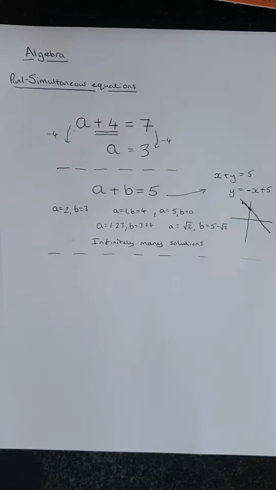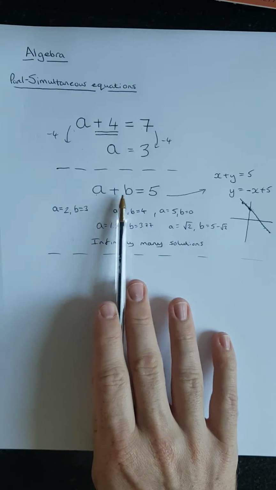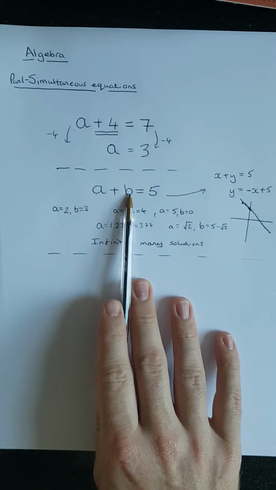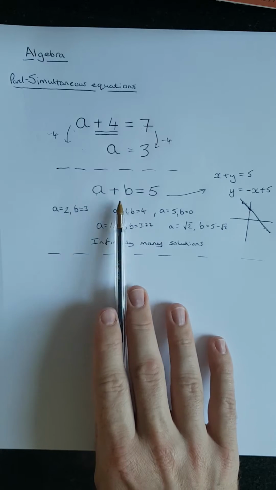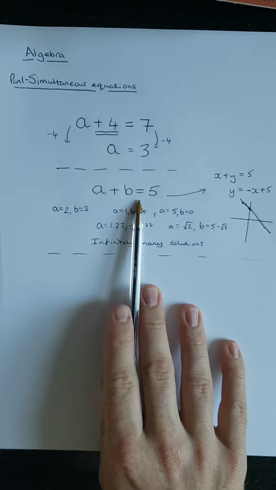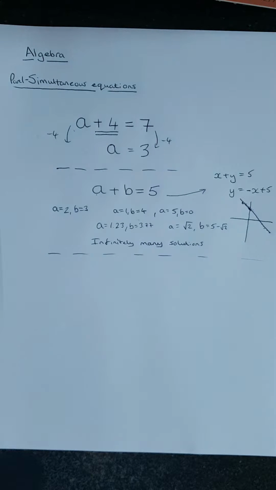So, we have a problem. An equation with 2 variables isn't solvable to get a specific answer. But an equation with 1 variable is.